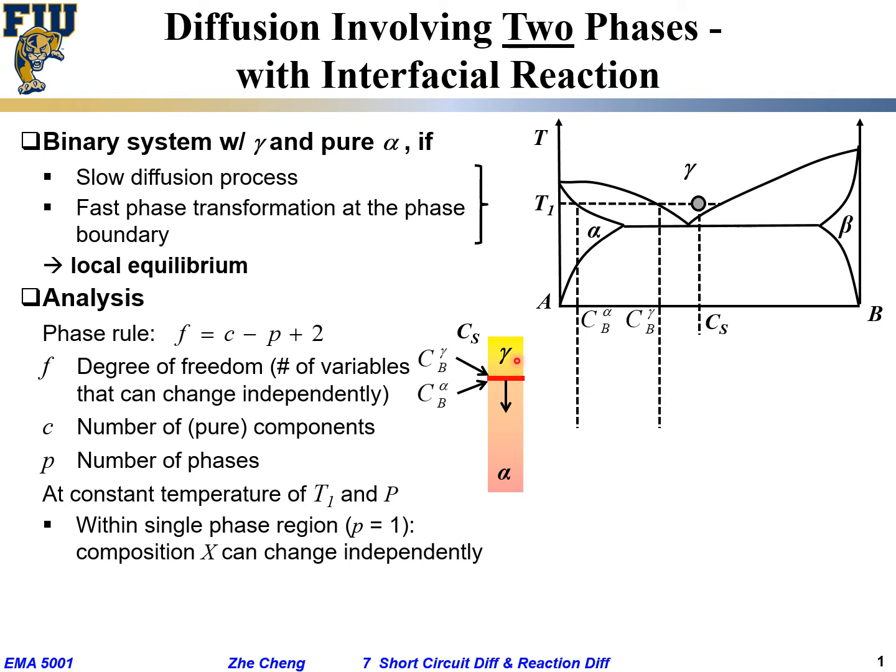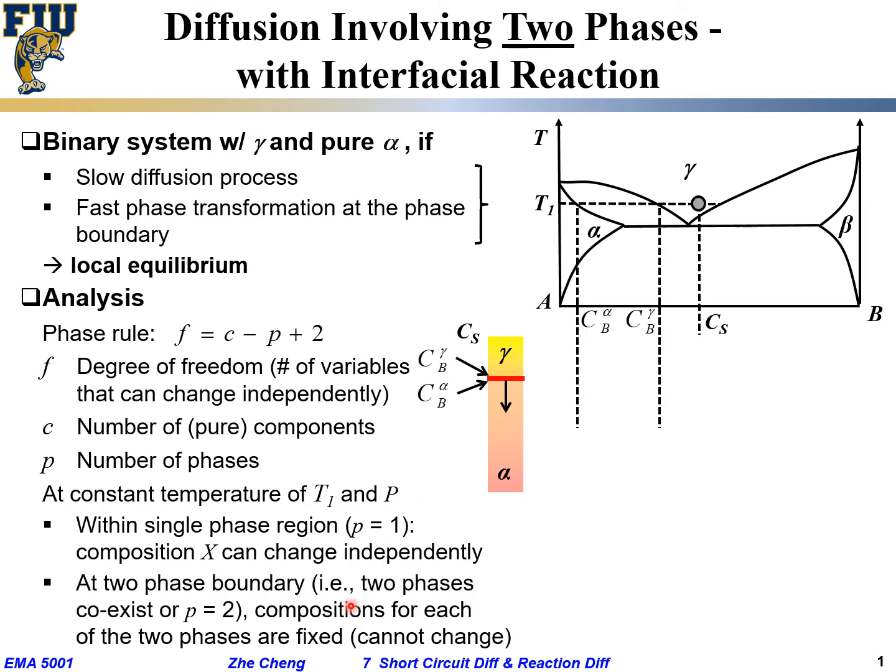Make sense? On the other hand, if we look at the two-phase boundary, where is that two-phase boundary? Right at this interface, right? That's our phase boundary interface between alpha on one side, gamma on the other side. Right in this local region, not a mathematical zero boundary.